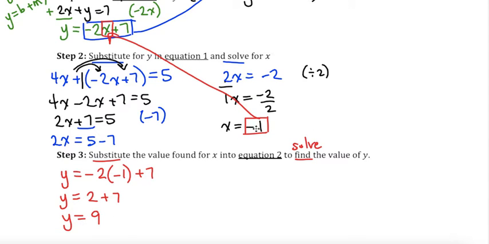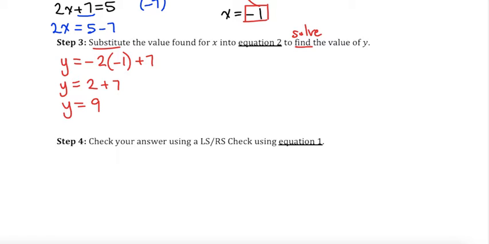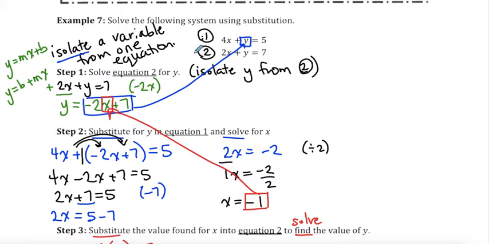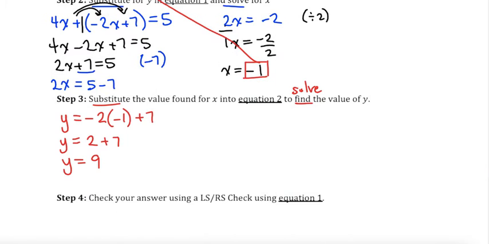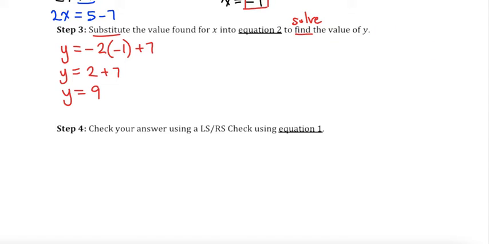Now that I have a value for x and for y, I can do my left side, right side check. Because I put my x into my equation 2, I'm going to do my left side, right side check for equation number 1. I'm going to start by drawing my t-chart, left side, right side.